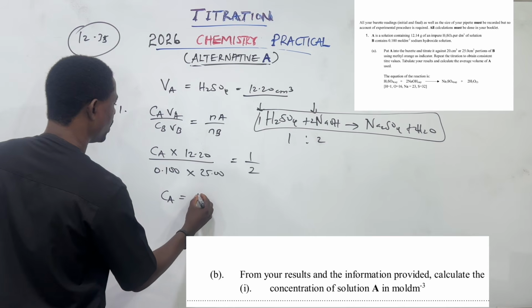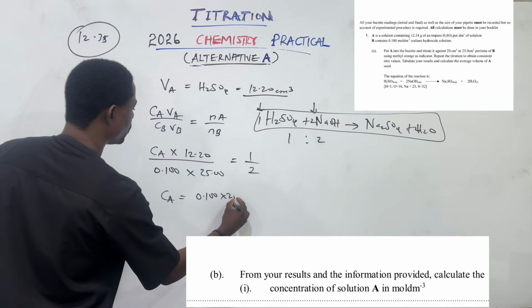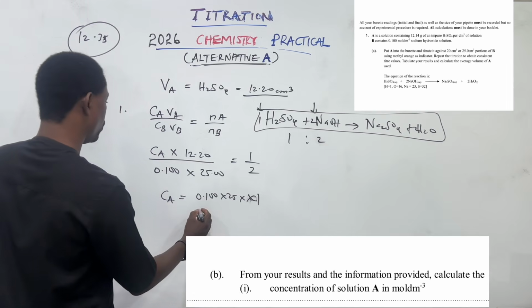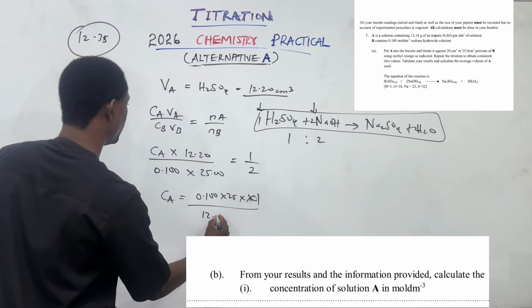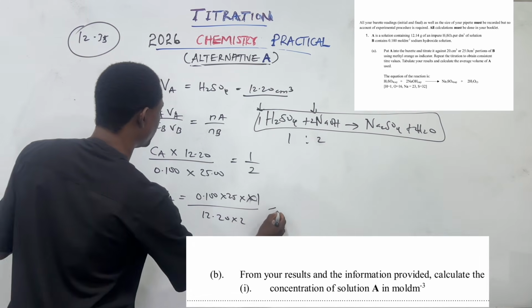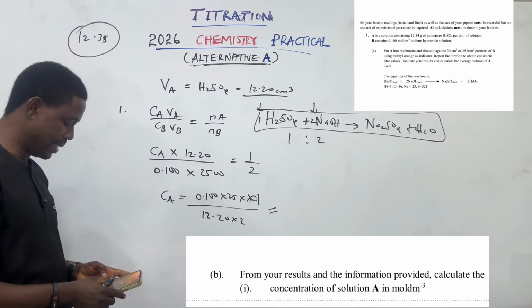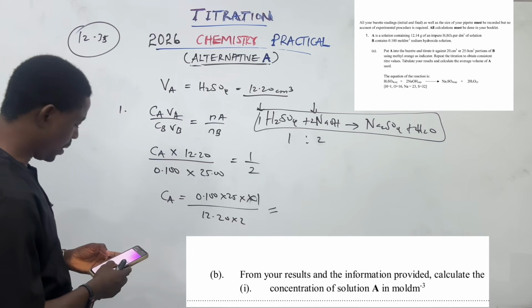CA equals 0.100 times 25 times 1, over 12.20 times 2. Can you see that? We're going to put it in 3 significant figures. I didn't say 3 decimal places; it could mean something different.